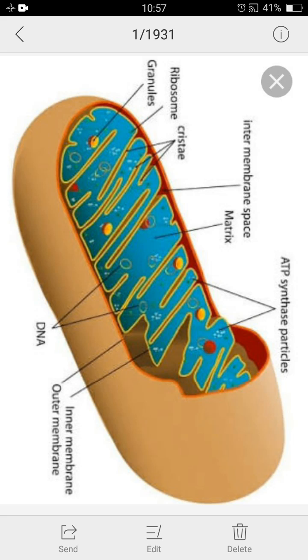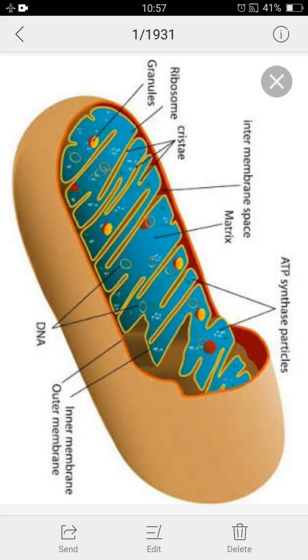Typically, it is sausage shaped or cylindrical, having a diameter of 0.1 to 1.0 μm, average 0.5 μm, and length 1.0 to 4.1 μm. Understood?